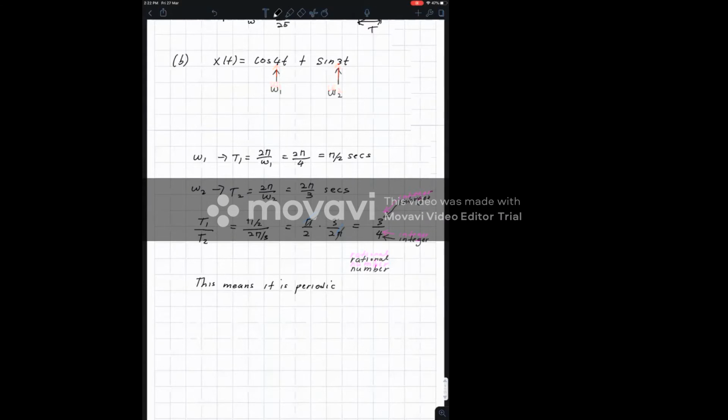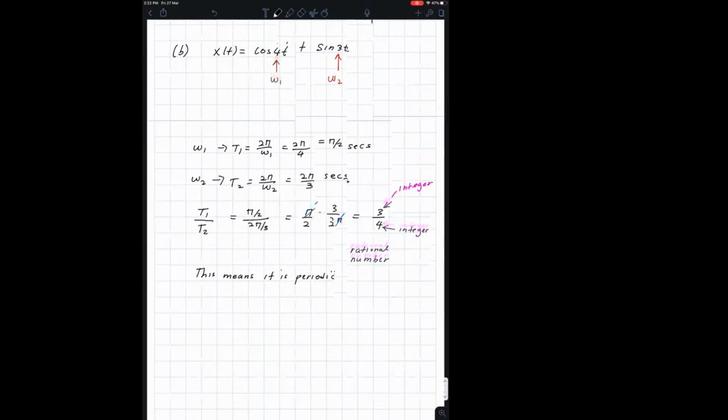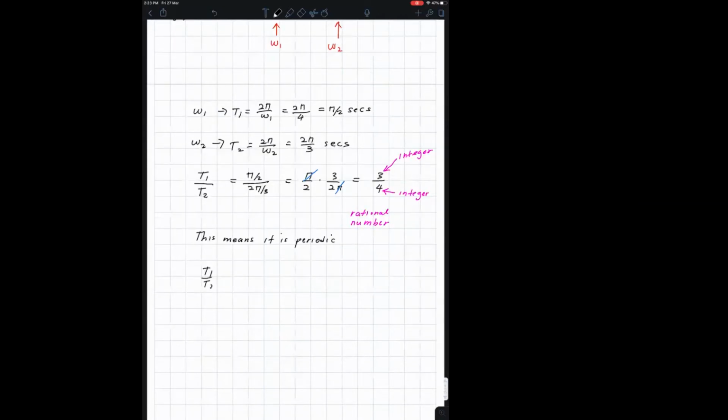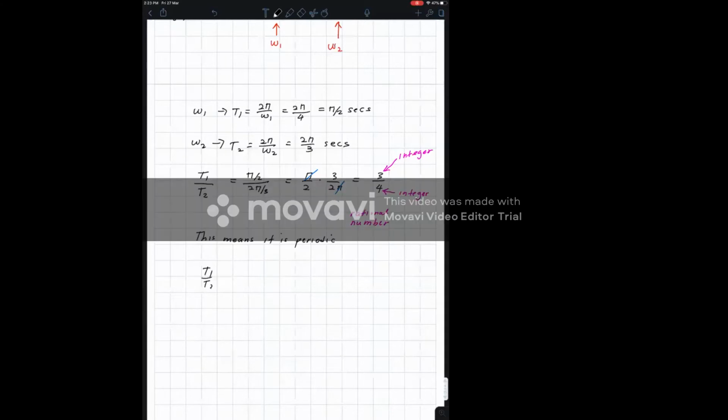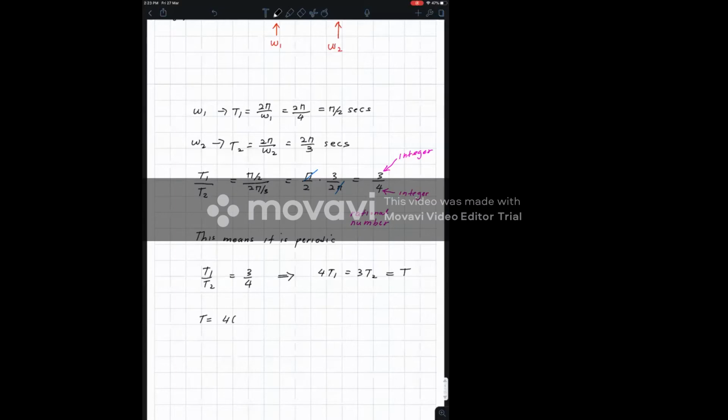T1 over T2 is 3 over 4. When only two signals are involved, the procedure is quite straightforward. Cross multiply, we get 4T1 equals 3T2, and that equals the fundamental period. So what's the fundamental period? It can be either 4T1. What was T1? T1 was pi over 2, right? Either way you will get the same answer.